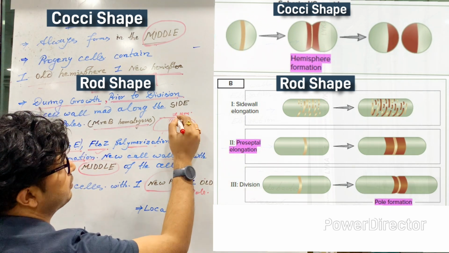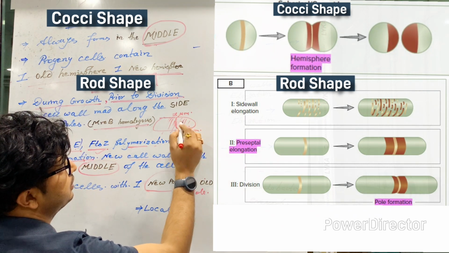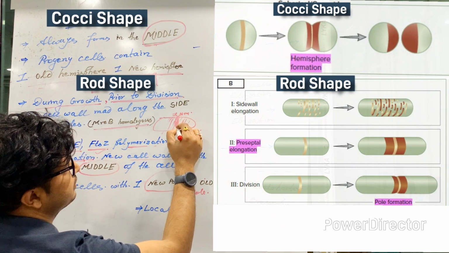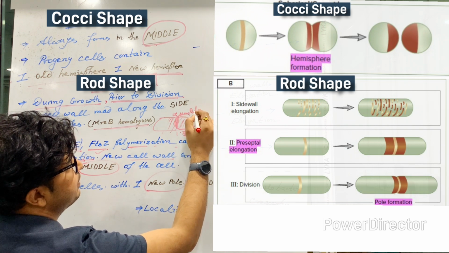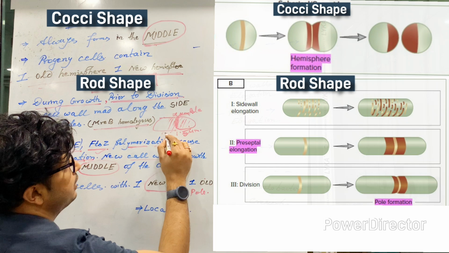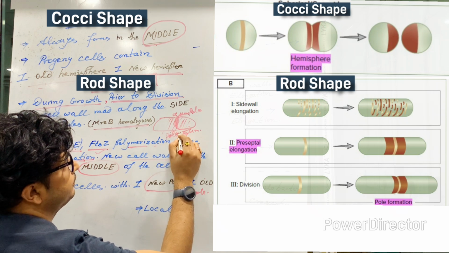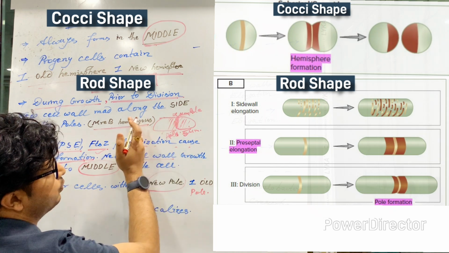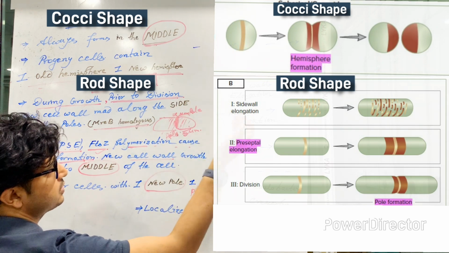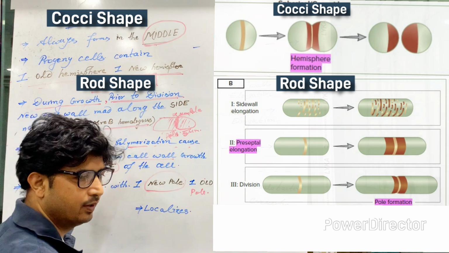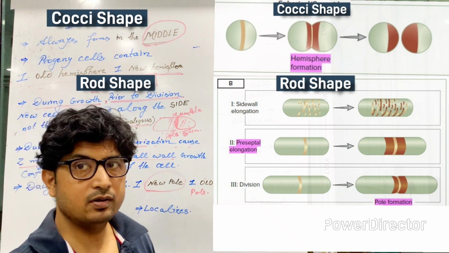As you can see from the middle here, a hemisphere is forming here. So it became a pole, a pole for one bacterium and a pole for another bacterium. That is, for daughter cell 1 this is pole 1, and for another daughter cell, daughter cell 2, this is pole 2. So that is the thing you need to understand.